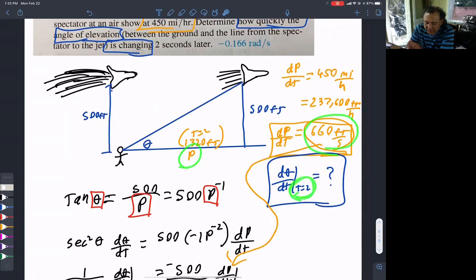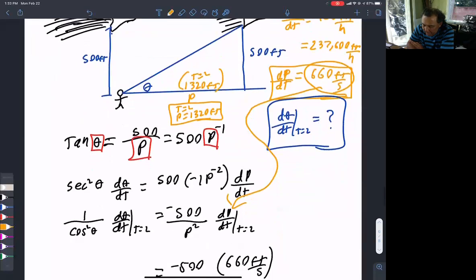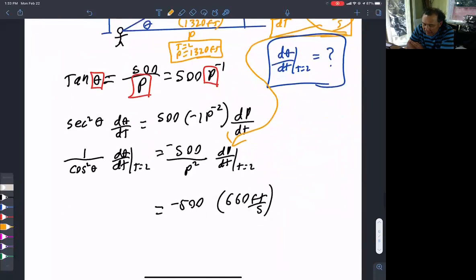So 2 seconds later, how far is it going to travel? That distance would be 660 times 2. That's 1320, I believe. So when t is 2, p is 1,320 feet. So now we have p. Hopefully I got that right.